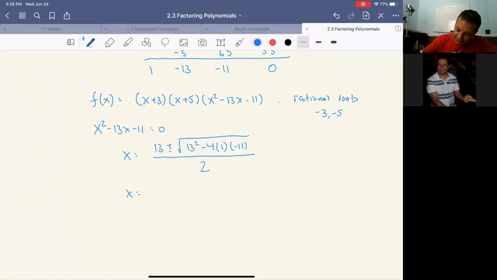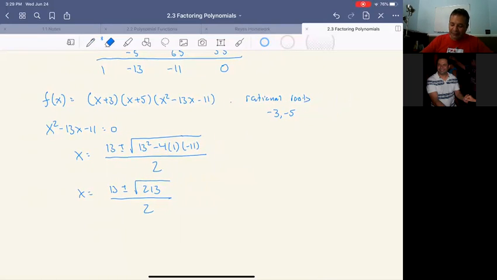So x is going to be 13 plus or minus the square root of, oh, I got to do that. 169 plus 44 is 213, over 2. Just check that. Okay. I don't like that one bit.